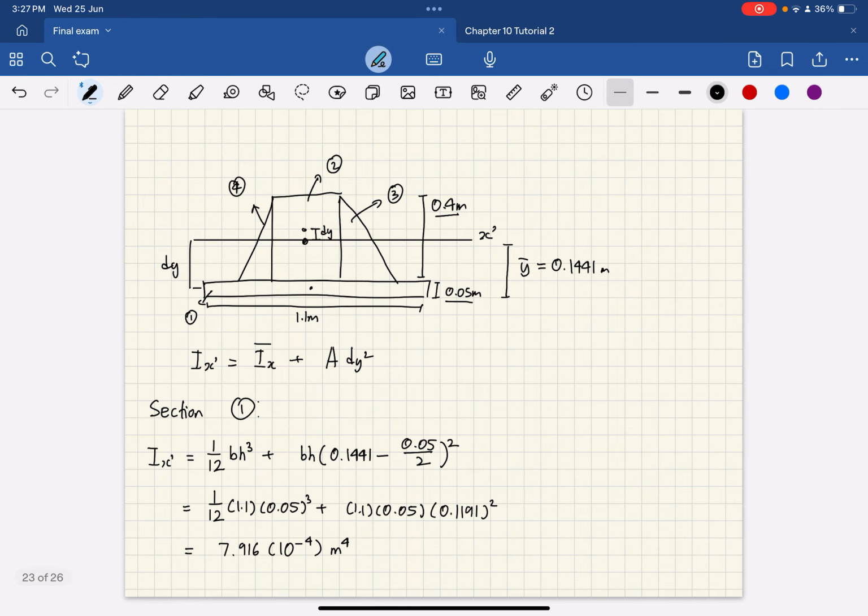So from this centroid, this whole thing is 0.25 meters. But the distance of the x prime axis to the ground is 0.1441 meters. So this is obviously bigger than this one, right? By finding that difference, we can easily find the dy in this case.